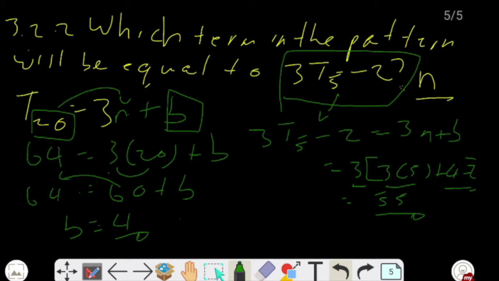Now from here you say T20 equals 3n plus 4, and we just did our T20, which is 55, let me just clear this part.